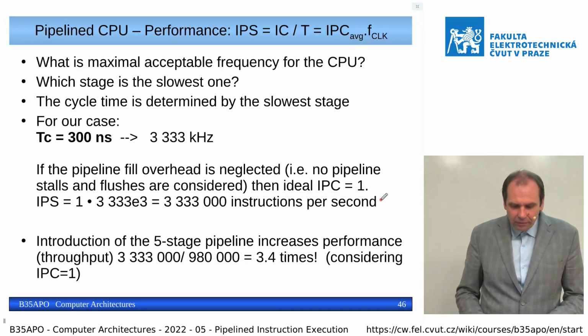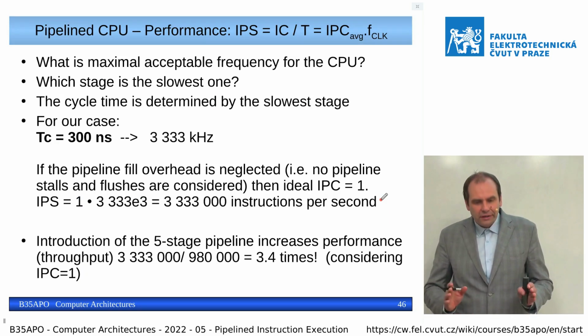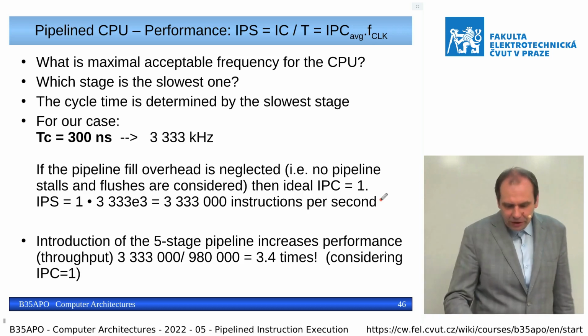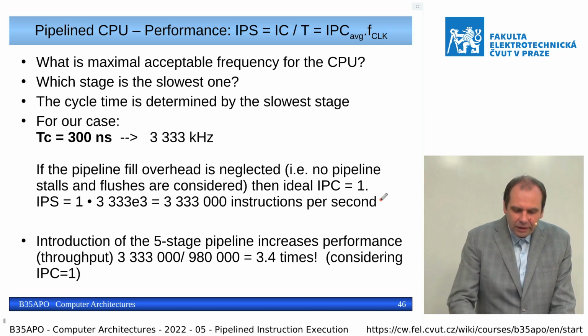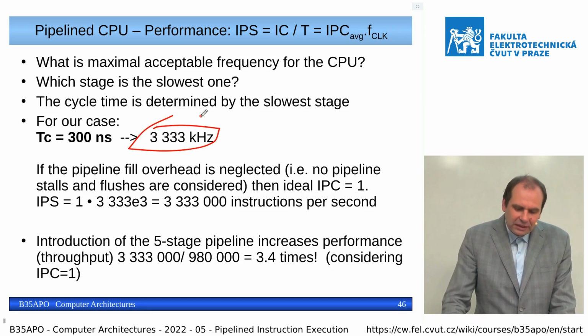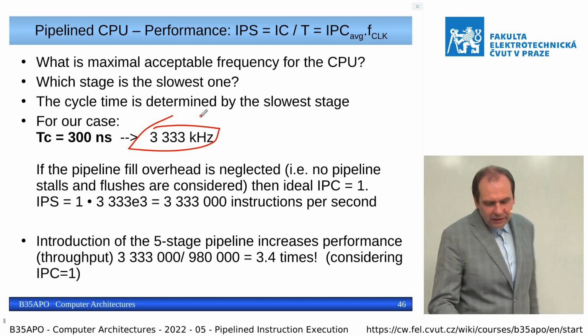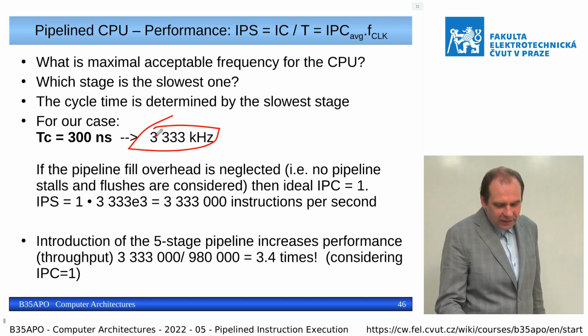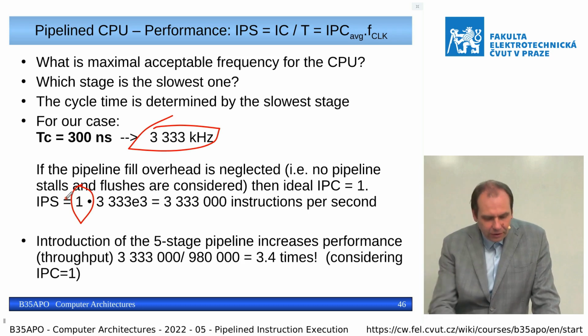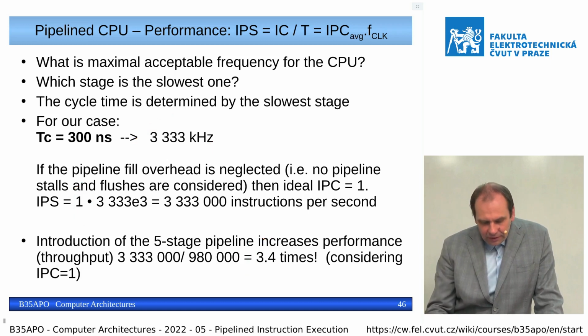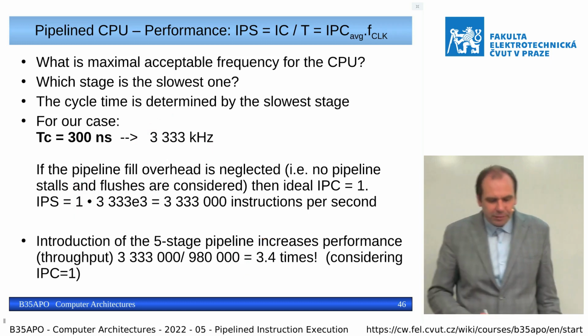So what we have found is that thanks to the division of the previous CPU, which can process something like 1 million instructions per second, with the same components and some additional delays in the interstage registers, we have got to something like 3 and something million instructions per second in the case that there is no stall, because we can make the clock faster. So in the optimal case, we have a 3.4 times faster CPU than the previous design.